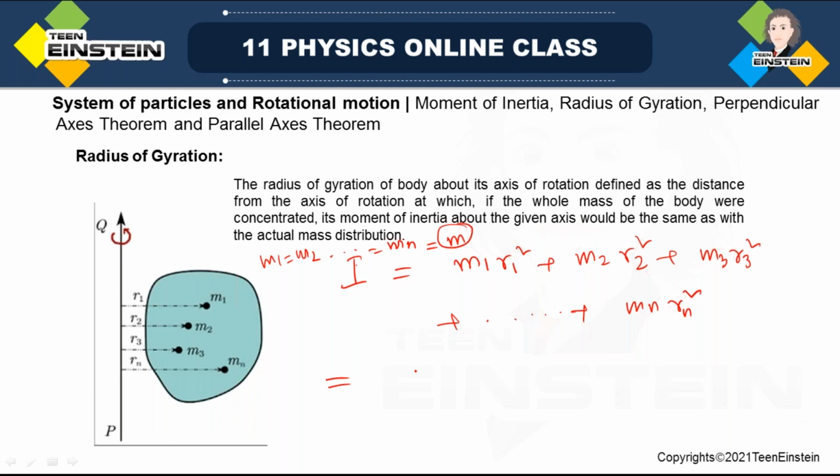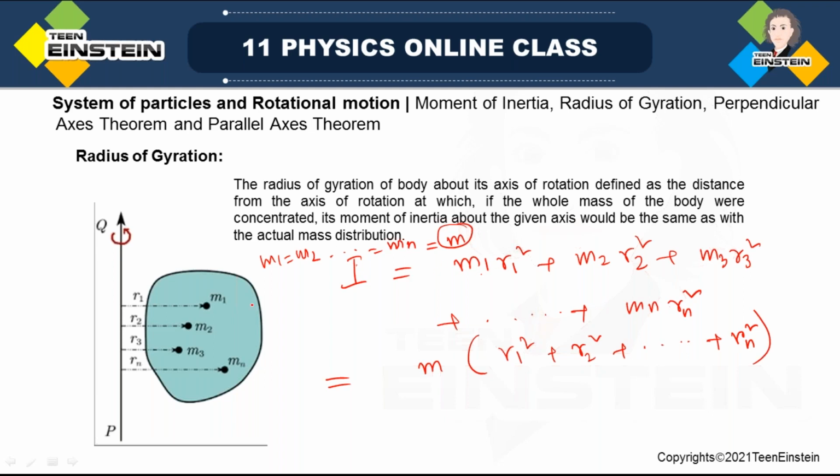Then I can rewrite this as m times r1 square plus r2 square plus up to rn square.